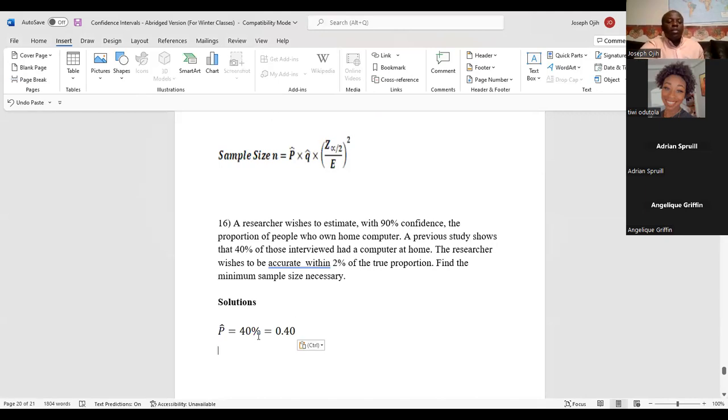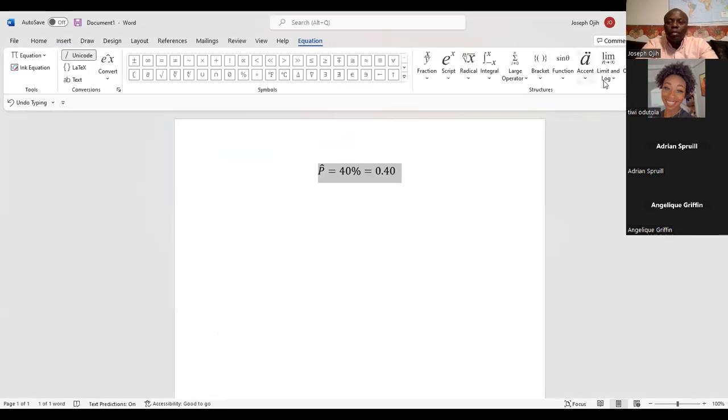Now q hat is 1 minus p hat. So again, I'm taking it back to where we can get q hat. Q equals 1 minus p hat, which is 1 minus 0.40, which is 0.60, because 100 minus 40% is 60%.